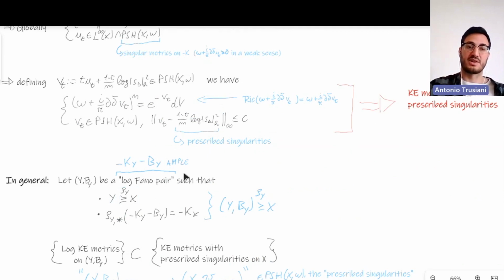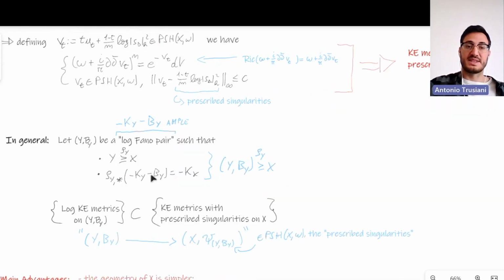So if you have a log Fano pair, Y with a boundary B_Y, so that minus K_Y minus B_Y is ample, which is enough that it is nef, but let me assume ample for simplicity. And so that Y is above X means that the push forward of this line bundle is equal to the anticanonical line bundle.